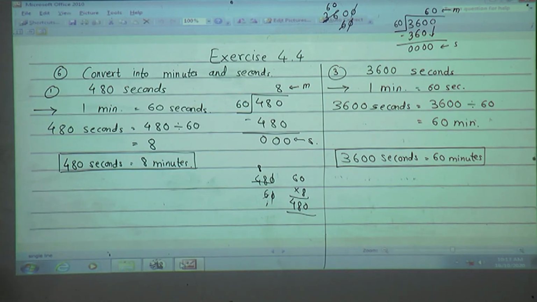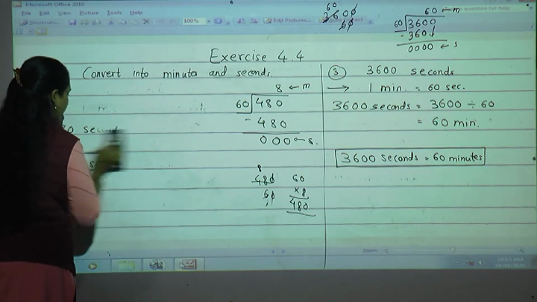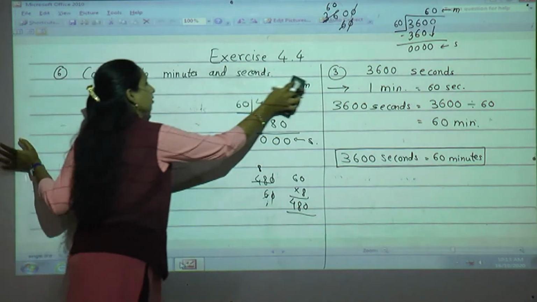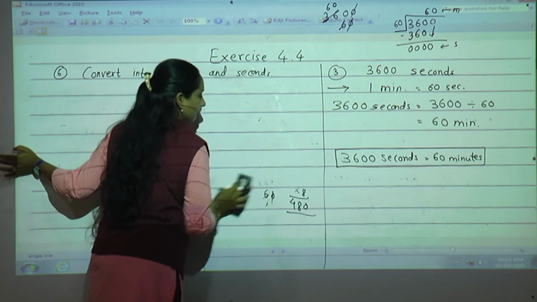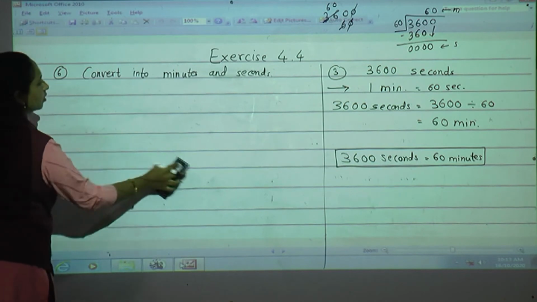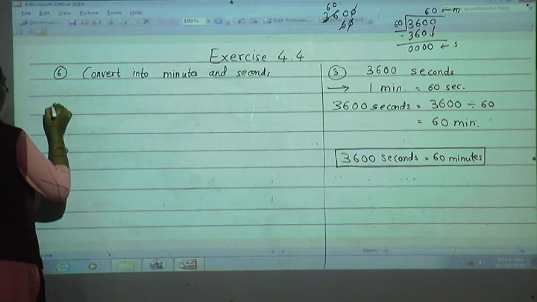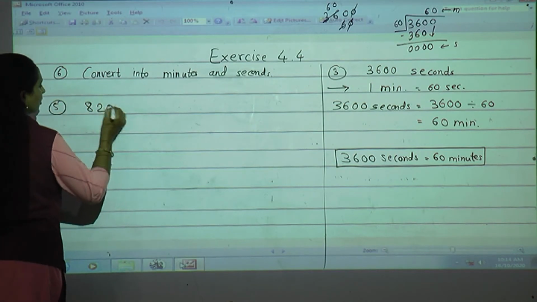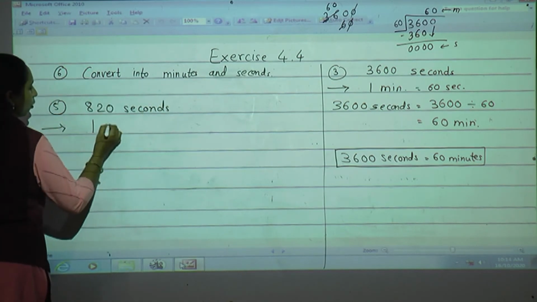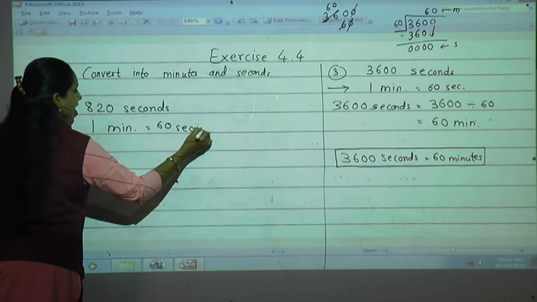Fifth one. 820 seconds. One minute is equal to 60 seconds.